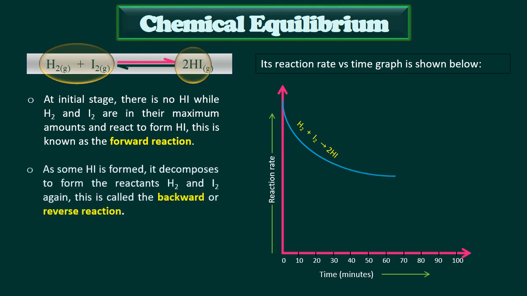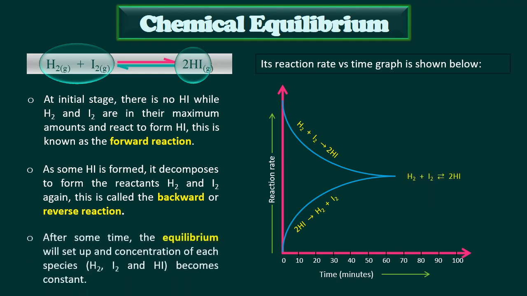As some HI is formed, it decomposes to form reactants H2 and I2 again. This is called the backward or reverse reaction. Look at the curve. After some time, the equilibrium will set up and concentration of each species, H2, I2 and HI, becomes constant.